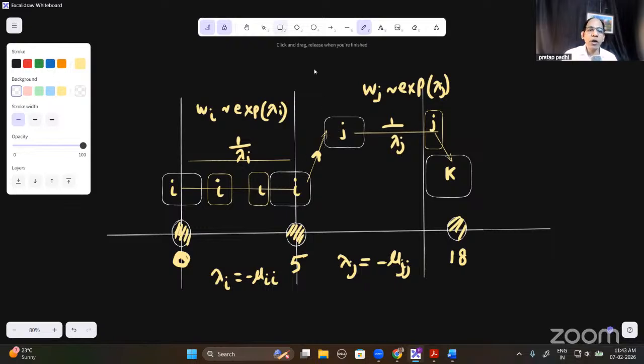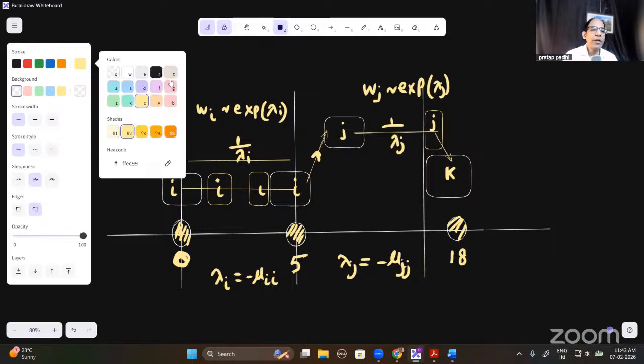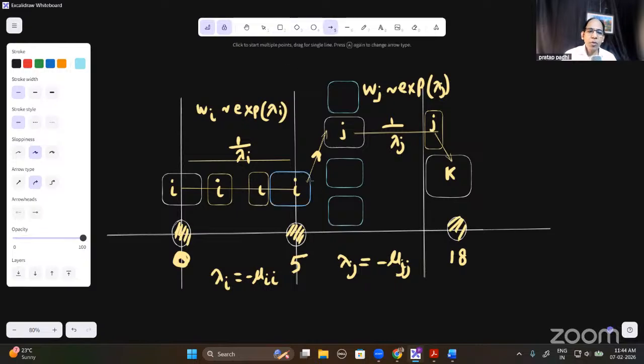So what is the chance that it will go to j? Because here also there are so many states. Here I have a state this, a state this, a state this, in fact everywhere. So why not from I to this state?